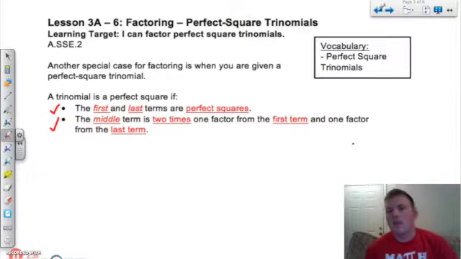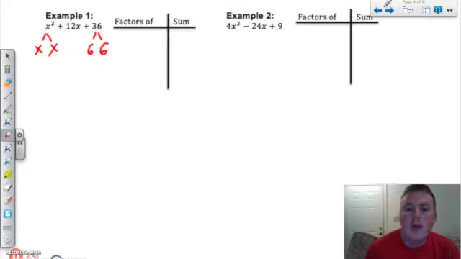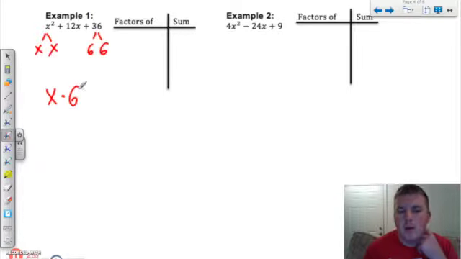But that's not our only requirement. We also have to have a middle term that is 2 times one factor from the first term and one factor from the last term. So I'm going to take one factor from my first term, an x, and one factor from the third term, our other perfect square, which would be 6. When I multiply those together, I get 6x.